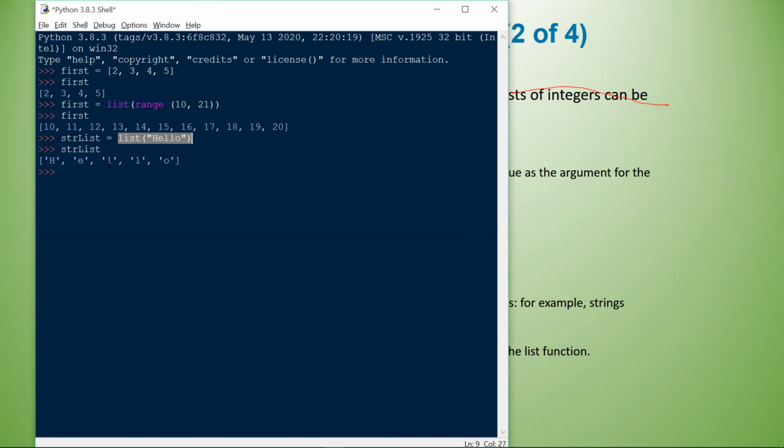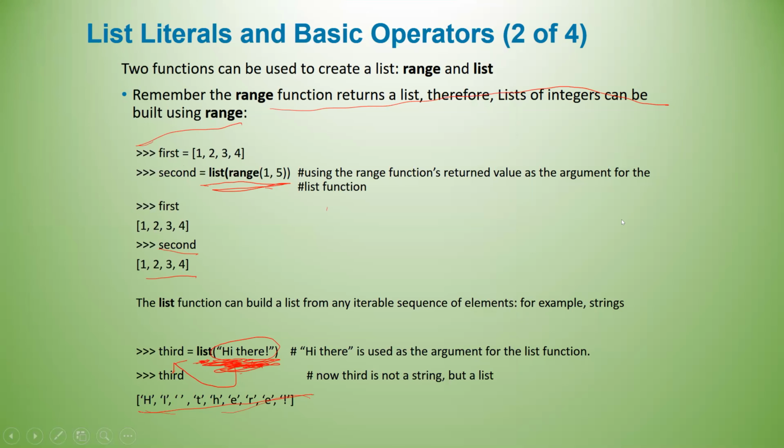You cannot split it because it's just one thing. Let's just do it and you will see. You cannot split it because remember the default separator is a space and there is no space here. Okay, it's just one element, right? It's not splitting it into these multiple characters. So if you want the different characters, you have to use the list function to do that. Any questions, everybody?